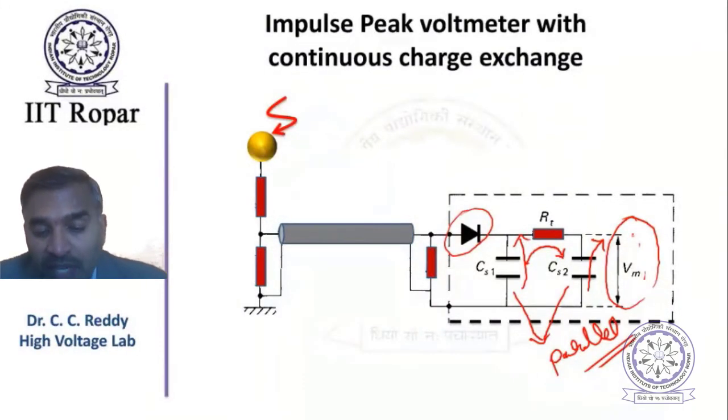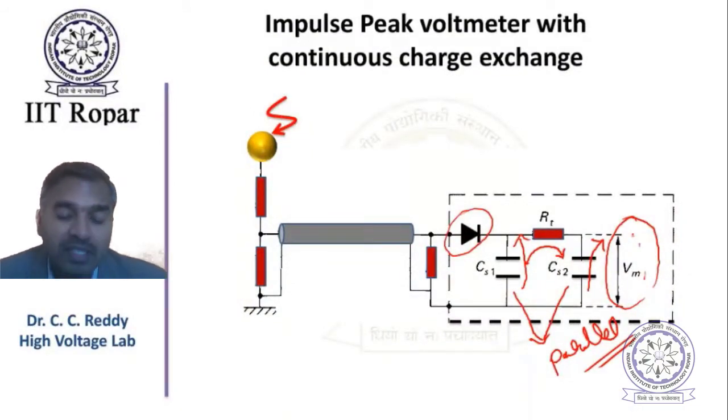With capacitances in series, the effective capacitance will decrease. So R into the effective capacitance will be smaller than the smallest capacitance, right? So the time constant will be small when CS1 is charging CS2, so it will charge quickly. Are you getting it?